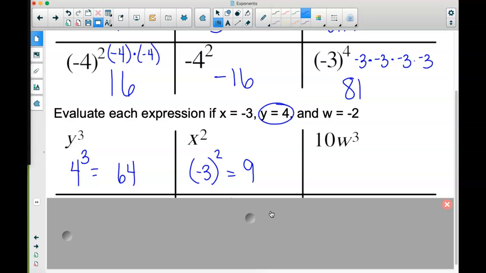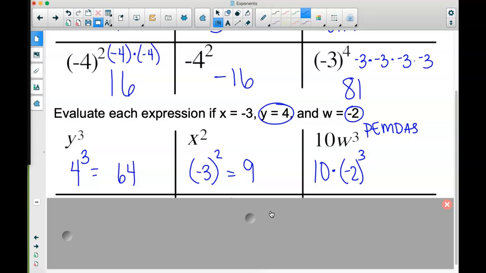Okay? And then the last one, we have to follow order of operations. So we would have 10 times w, which is negative 2, to the third power. Now you can't do 10 times negative 2 first, right? Order of operations, PEMDAS, says we have to do exponents before we can multiply. So we have to do the negative 2 to the third power. 2 to the third power is 8.